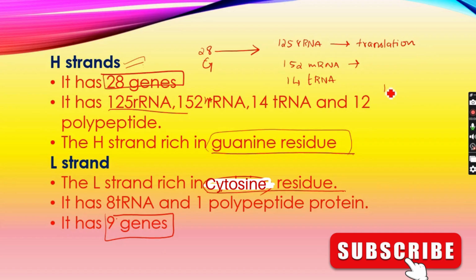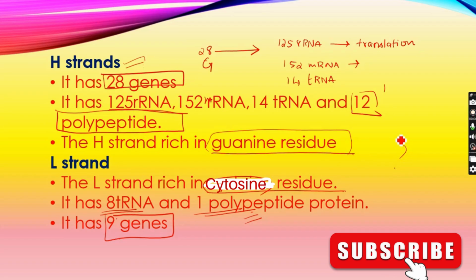That means it can produce about 12 polypeptides. The heavy strand can produce 12 polypeptides, but the light strand has only 9 genes, so it can produce 8 tRNA and 1 polypeptide. So it produces protein through this RNA production from these 28 genes or 9 genes.